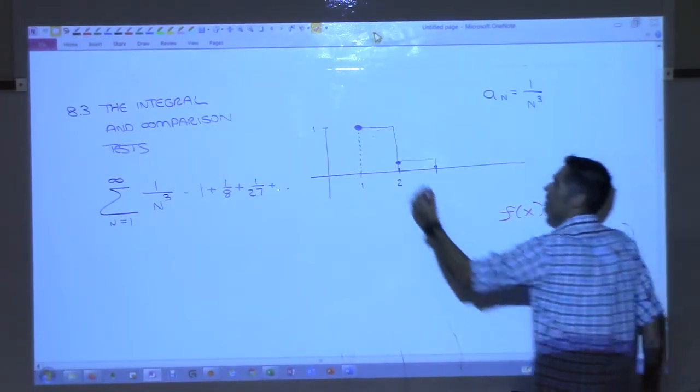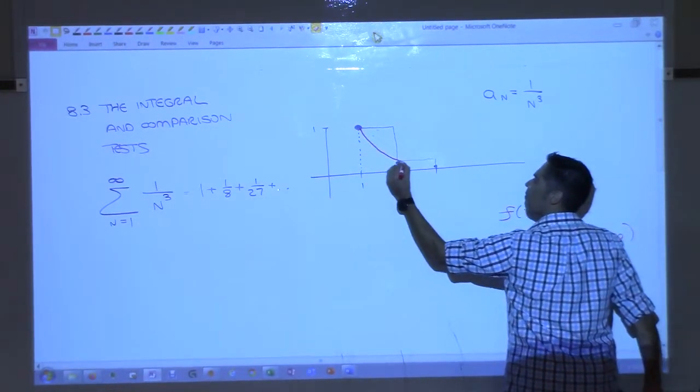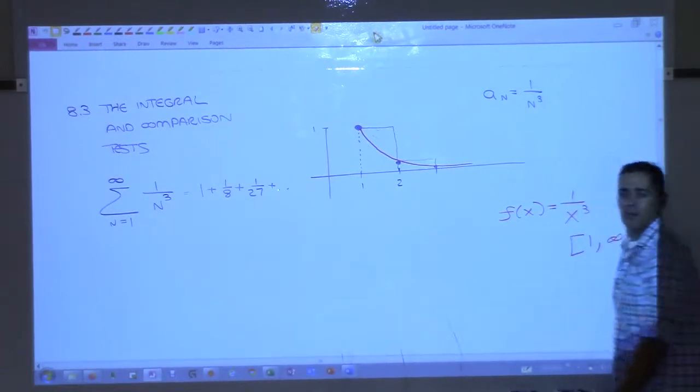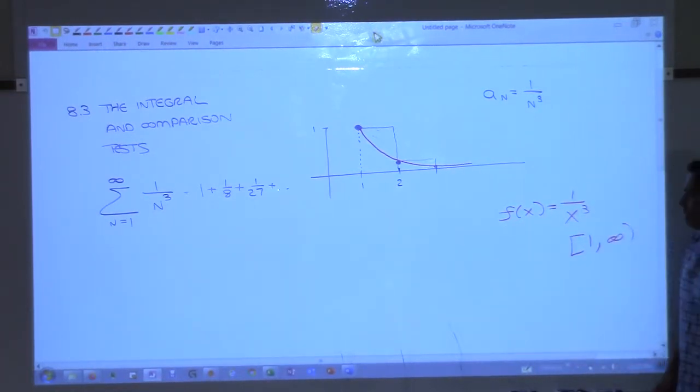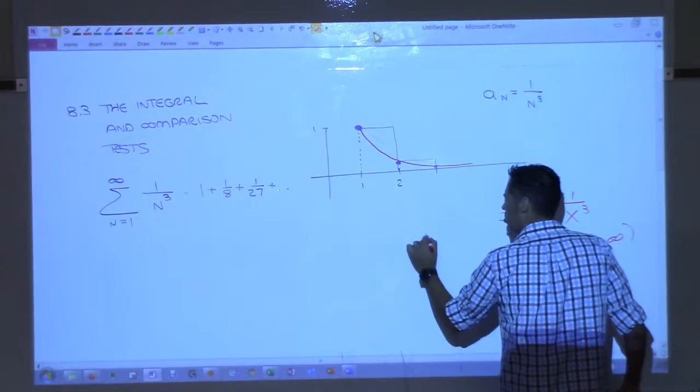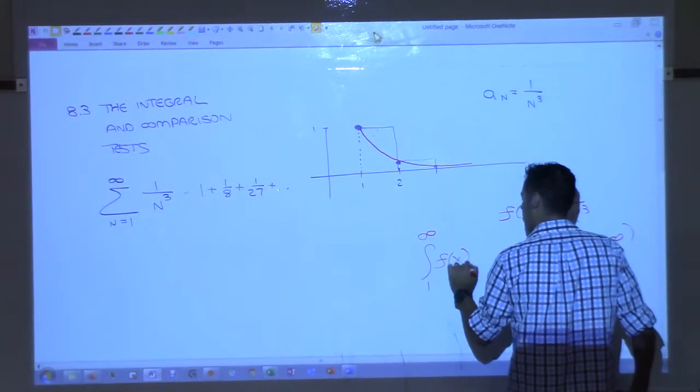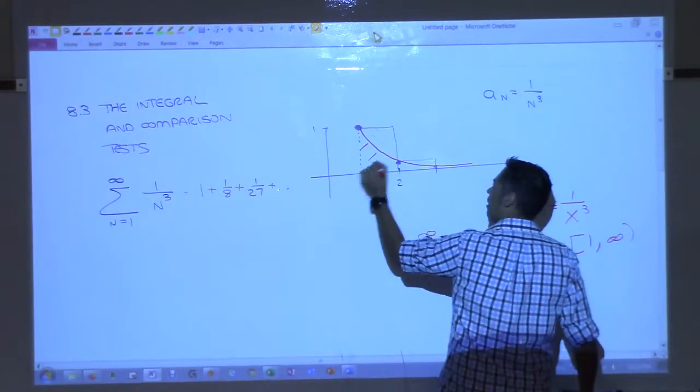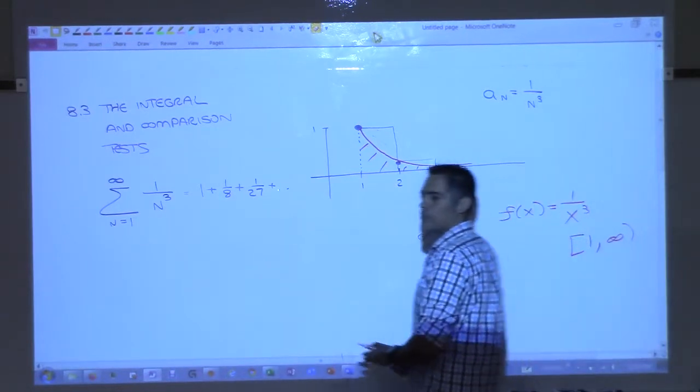Then wouldn't it be that right there? Yeah? And then wouldn't the integral from 1 to infinity of that function give us that area under there? Yes?